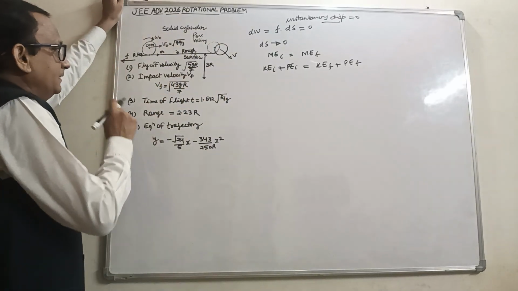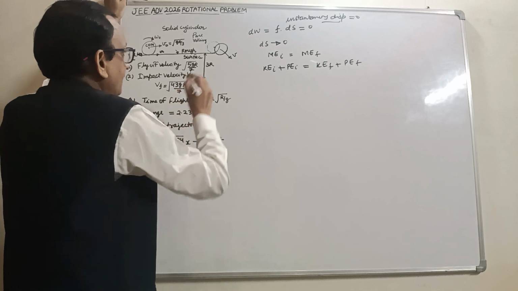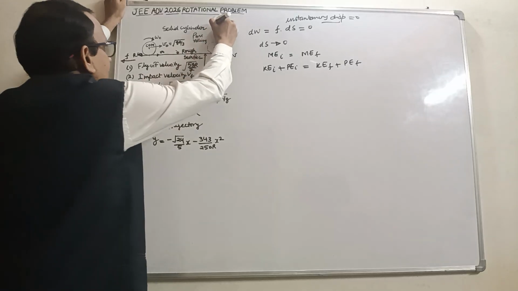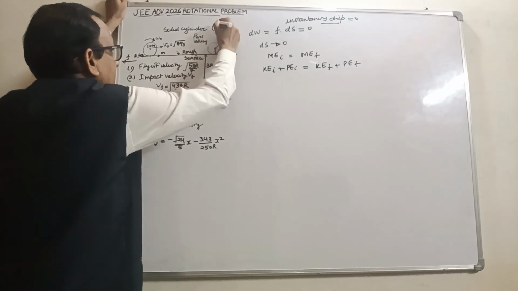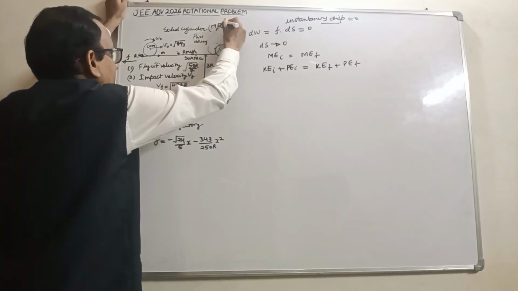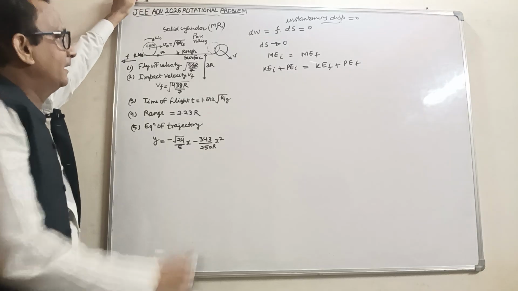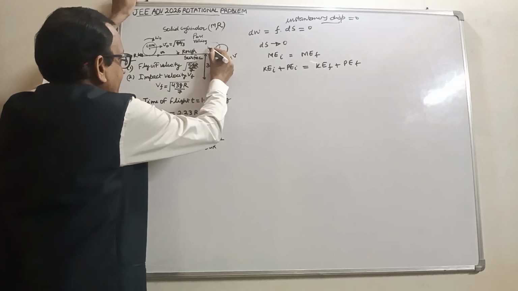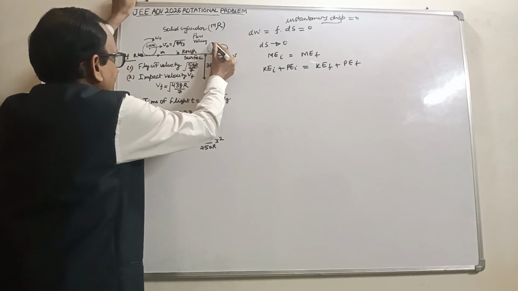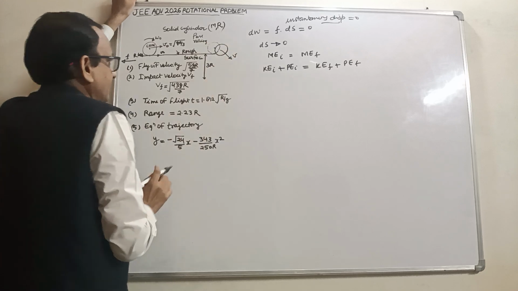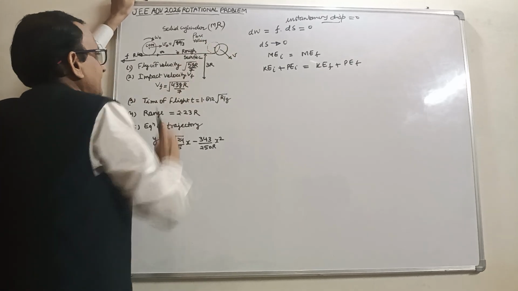So see over here, the cylinder has radius r and mass m, and this is a solid cylinder. When this solid cylinder reaches that point, half of the cylinder is outside of the table and half is inside the region.